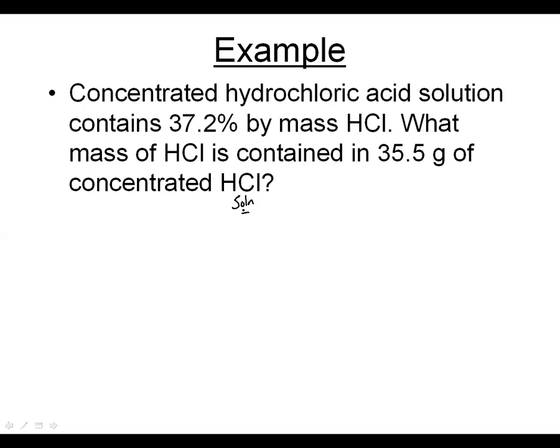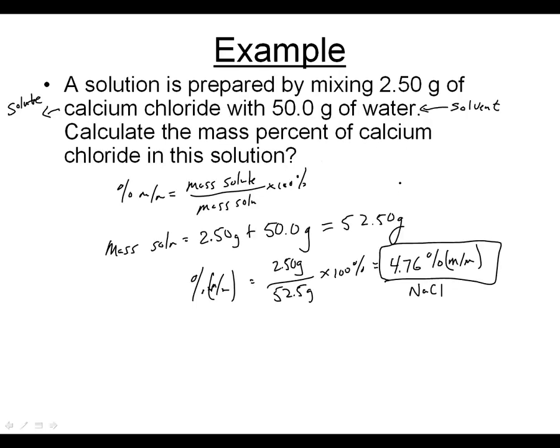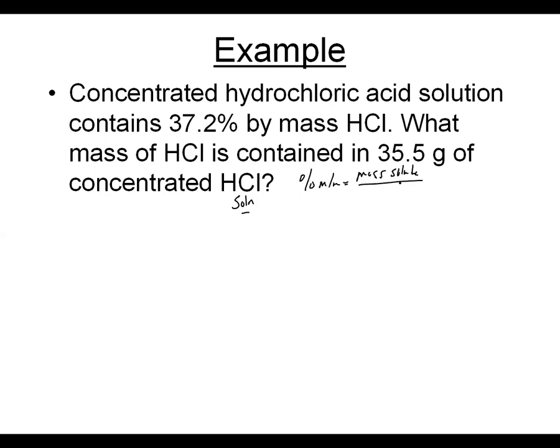All right, so a couple of different ways you could do this, but we are doing percent mass to mass here. So again, that's going to be the mass of the solute divided by the mass of the solution, times 100%.